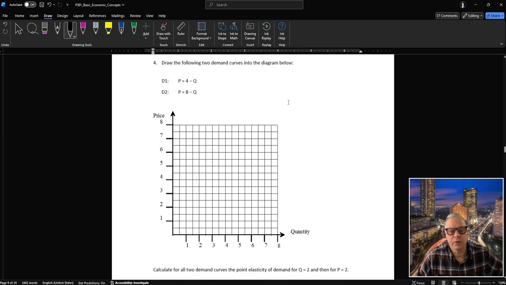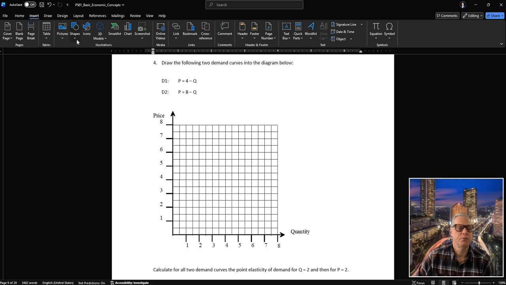Okay, so now we have 4 minus Q and 8 minus Q. So the slope is the same. It's a different diagram. So 4 minus Q goes from 4 to 4.